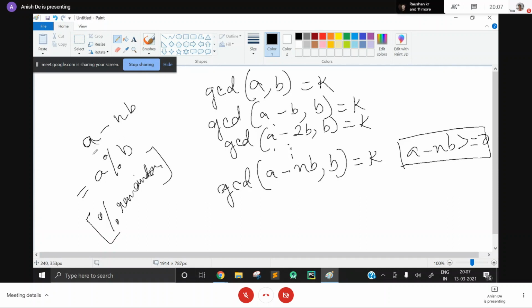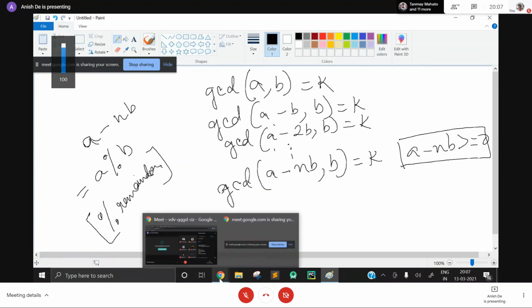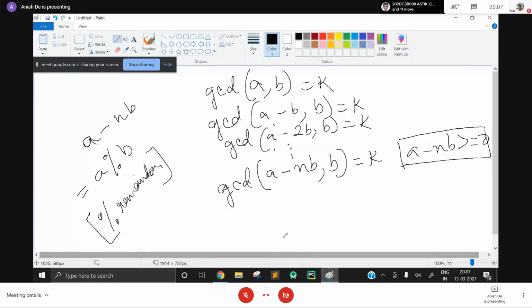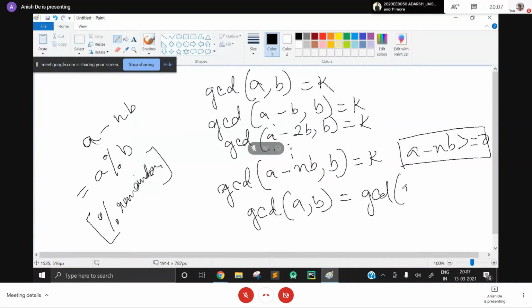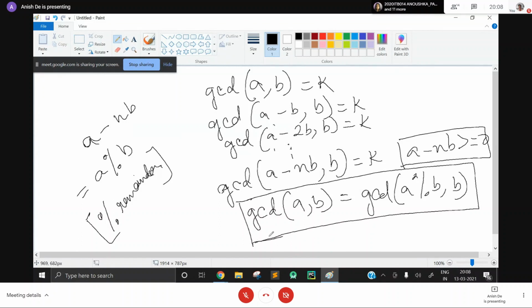Okay. So GCD of A comma B equals GCD of A mod B comma B. This is the main Euclidean algorithm, nothing else.